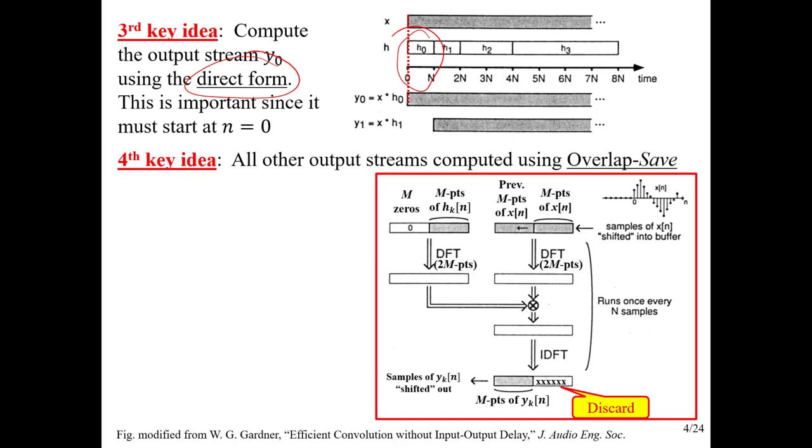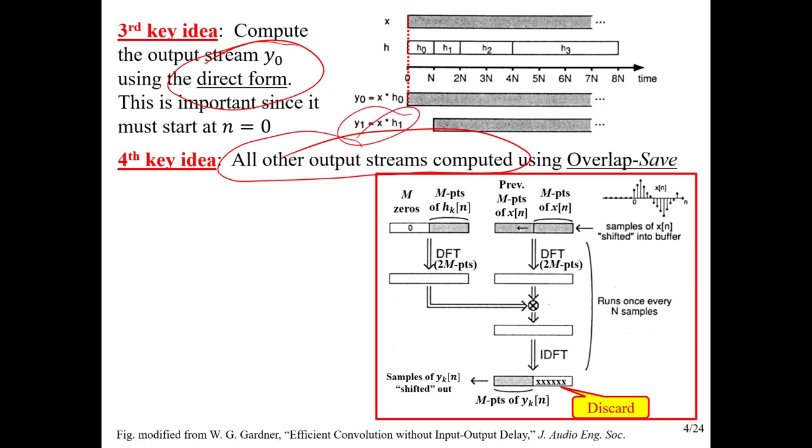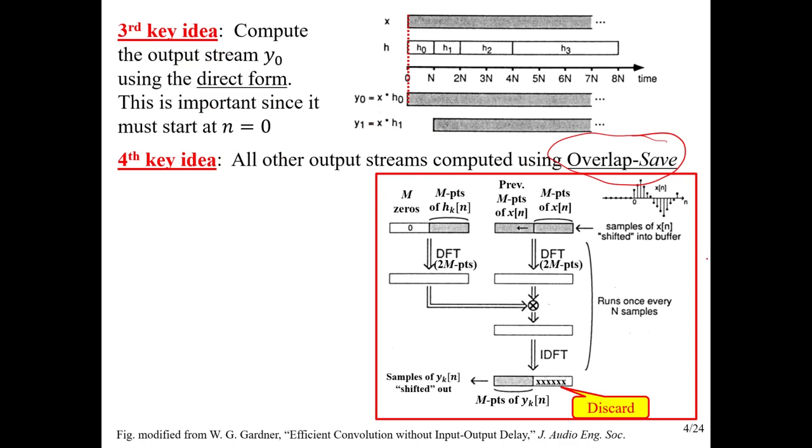Fourth key idea. So we do H0 with the direct form, but all the other output streams, so Y1, Y2, and so on, are all going to be computed using overlap save. And I'm showing a picture right out of Gardner's paper.